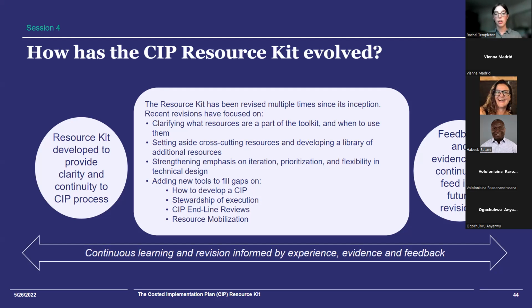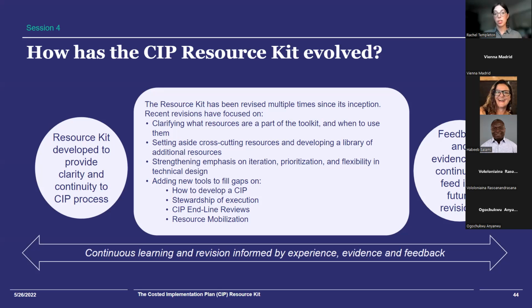This revision process is part of a broader continuous learning agenda around CIPs and has focused on a few key areas. First is clarifying what exactly is the resource kit, what resources are a part of it, and when do you use them? With past revisions, as the CIP Resource Kit has grown, sometimes it's not always clear what exactly is the resource kit, what is relevant for a particular need or request from a country.